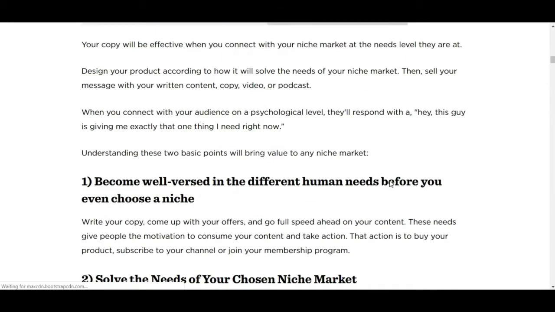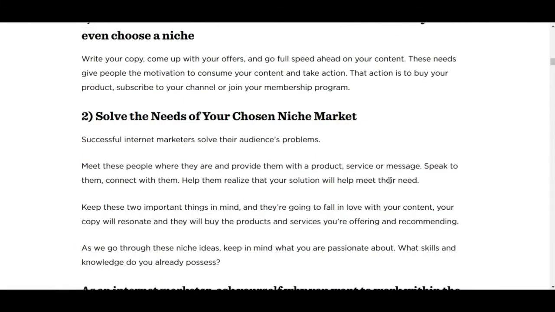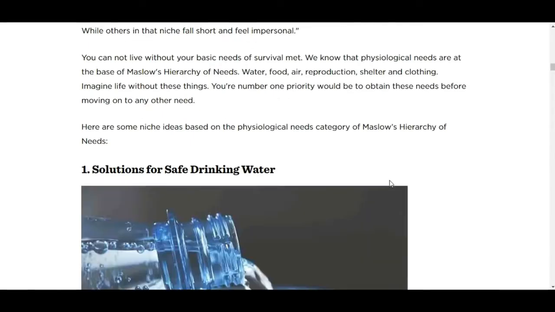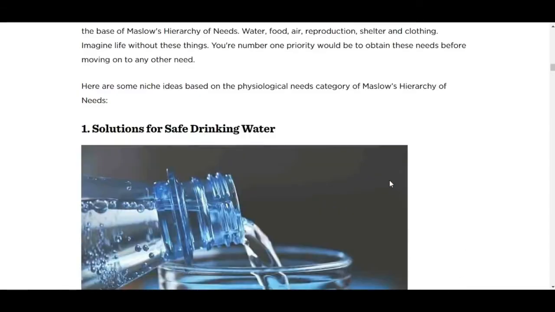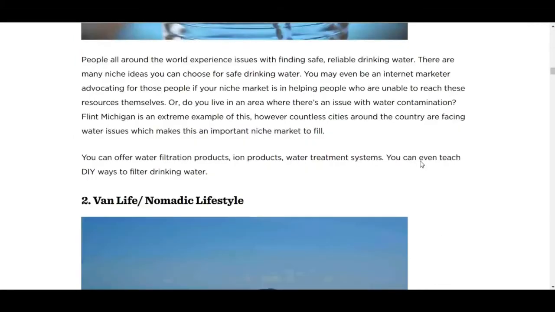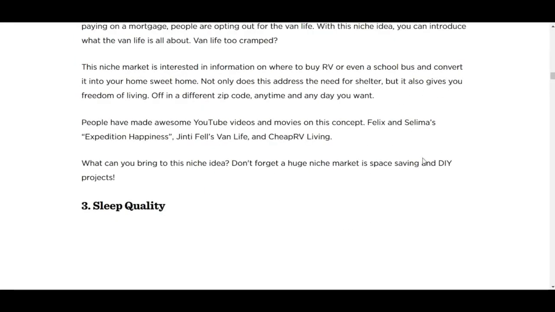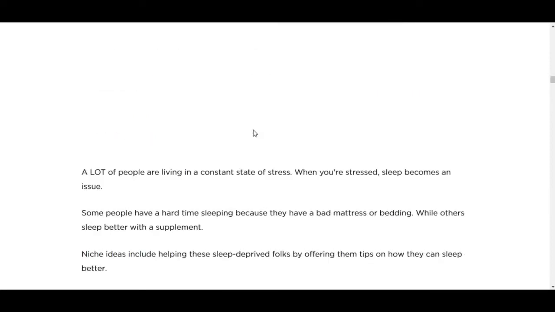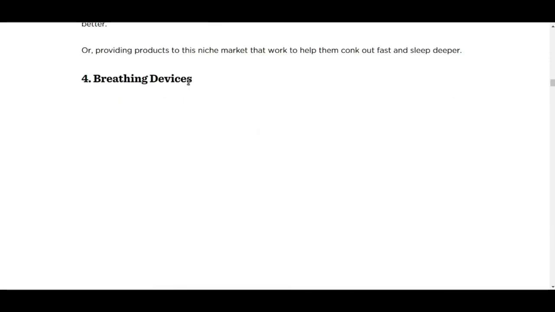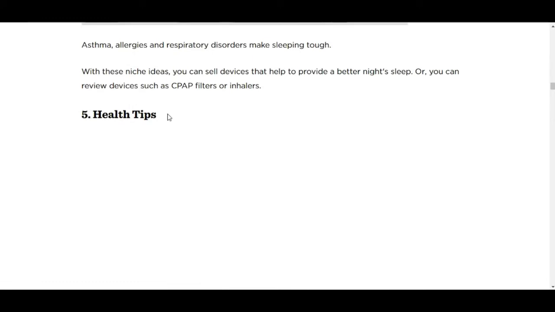Let's go to the list actually. Okay. So solution for safe drinking waters. I see. Van life, nomadic lifestyle, sleep quality, breathing devices, health tips.